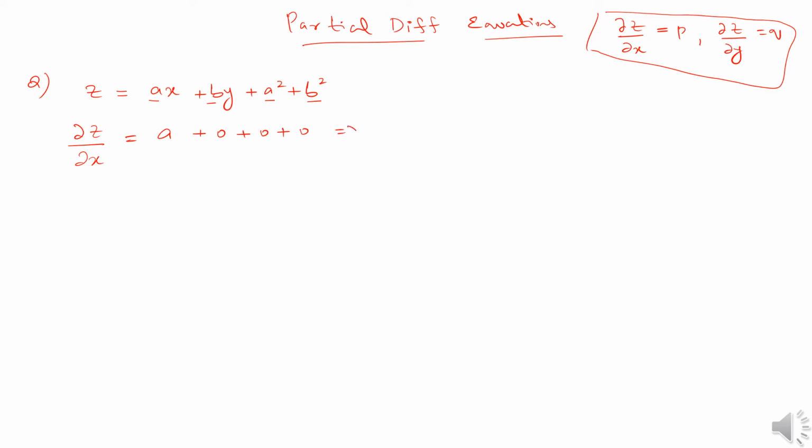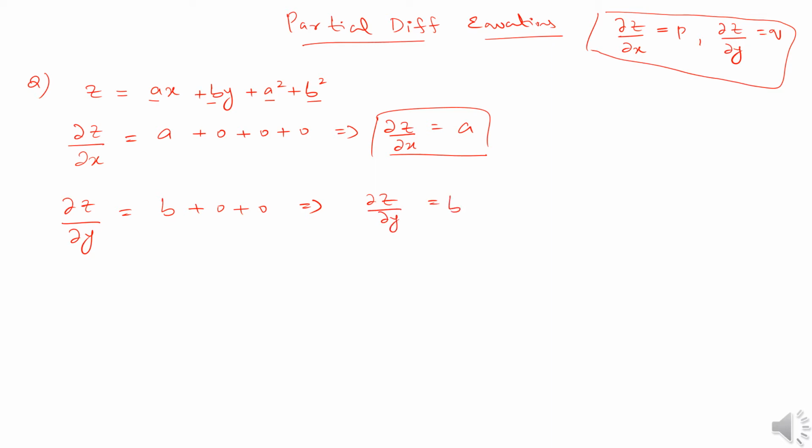So this implies that my ∂z/∂x is equal to a. And now again I will differentiate with respect to y, and what I get is b plus 0 and 0. Similarly, it will be ∂z/∂y is equal to b.